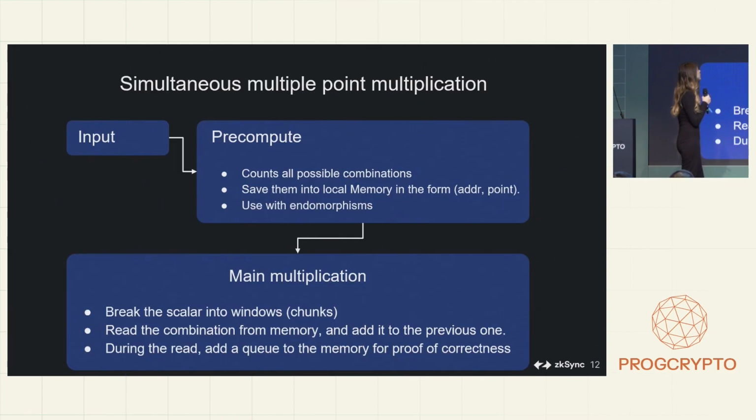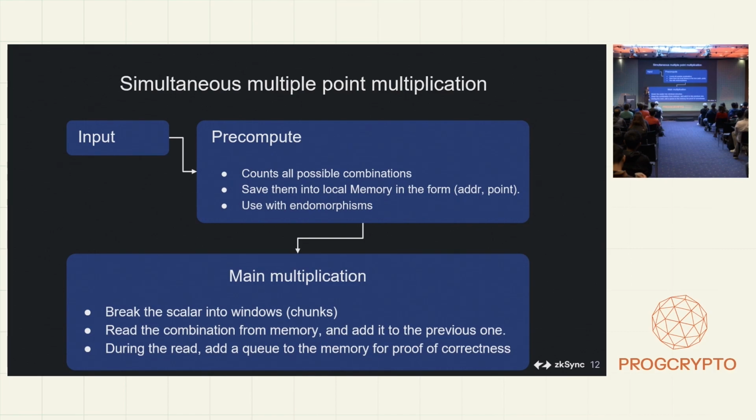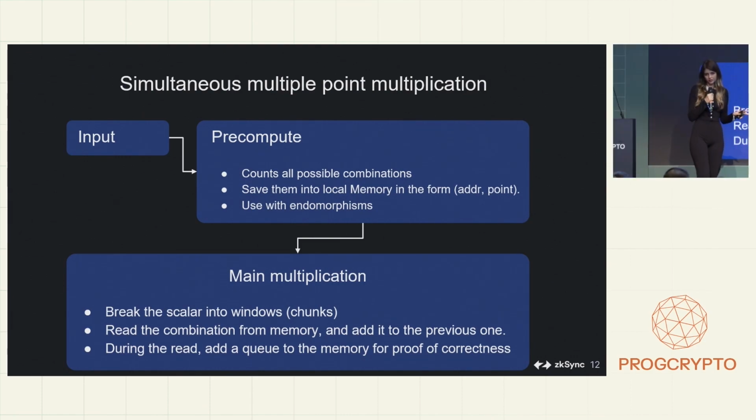Next, the previous algorithm works perfectly with simultaneous multiple point multiplication, and the main part of this multiplication is precompute. We compute all possible combinations and store them in local memory in the form of point and address. We also use this algorithm with automorphism, but I won't talk about automorphism until a little later.